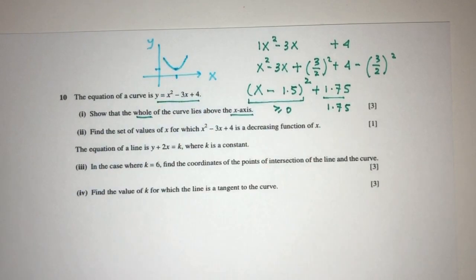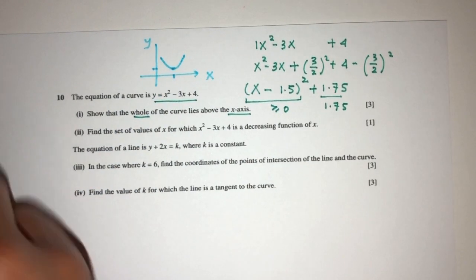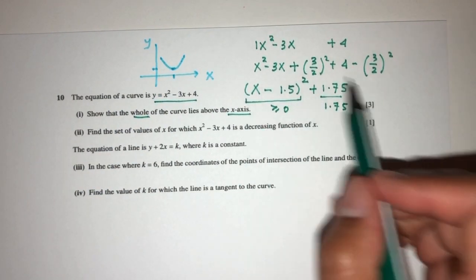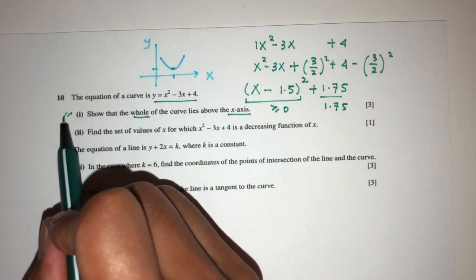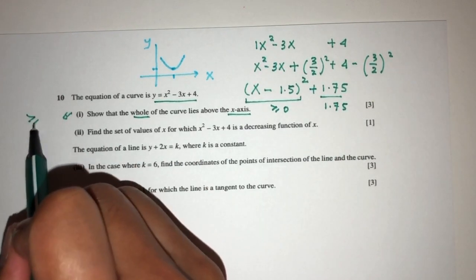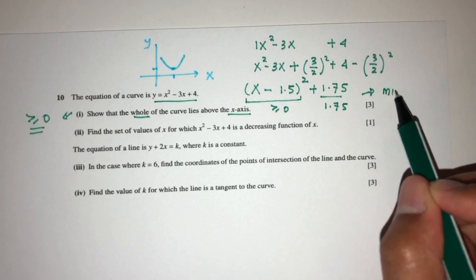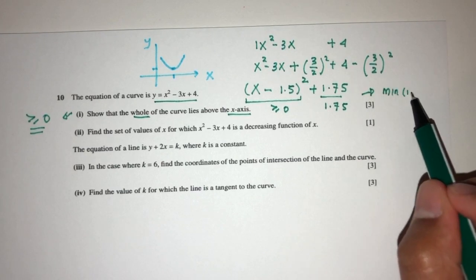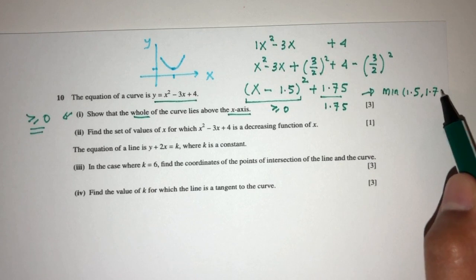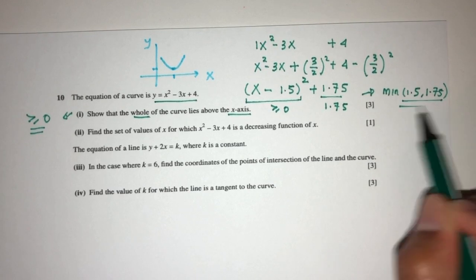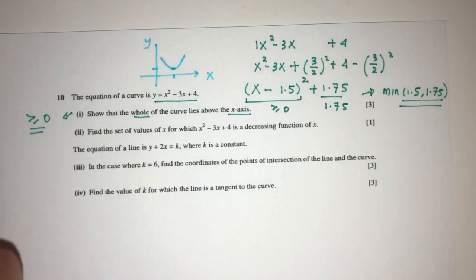Your curve is a minimum curve. It will always be above this. So you can show from this equation that it is always going to be more than 0. Or you can show the minimum point is 1.5 and 1.75, because it always has to be more than this. You have shown that it will be above the x-axis.